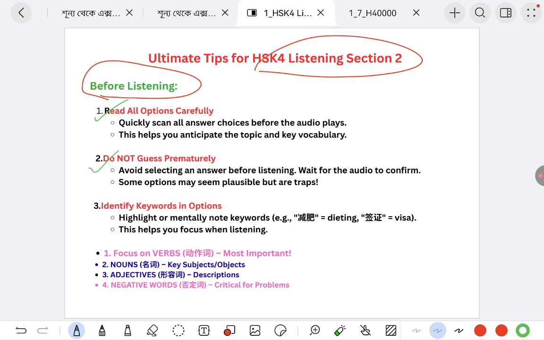It means before you listen, for example you read some options and then you start imagining, maybe this thing is going to happen, maybe that thing is going to happen. No, don't do this. Before listening to the audio, don't guess anything. After listening to the audio you can guess, no problem. After listening you can guess what happened, where it happened, who did these things, like this.